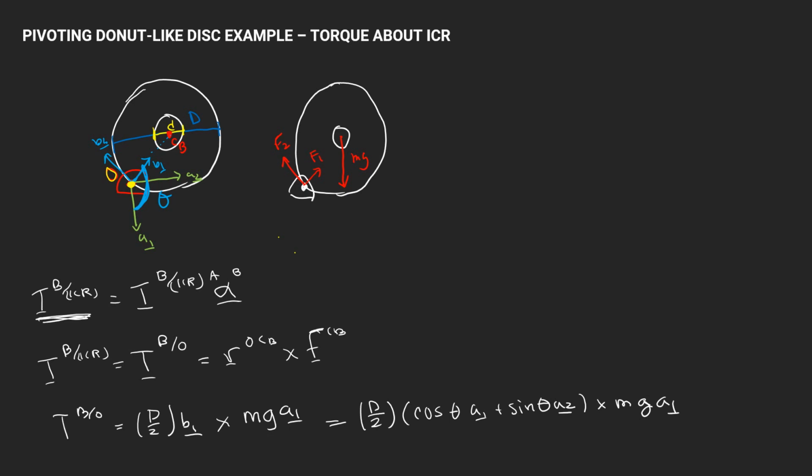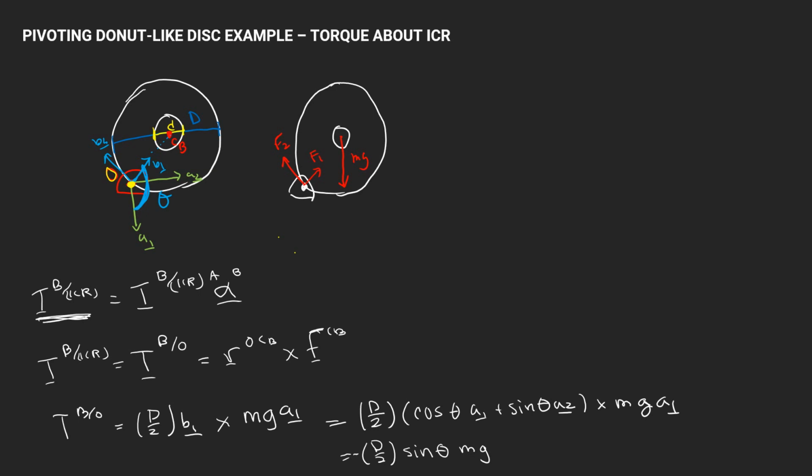We know this first term here is going to go to 0, so all we need to calculate is d over 2 sine theta, and then we can put the mg over here, and then because this is A2 crossed with A1, this becomes negative.